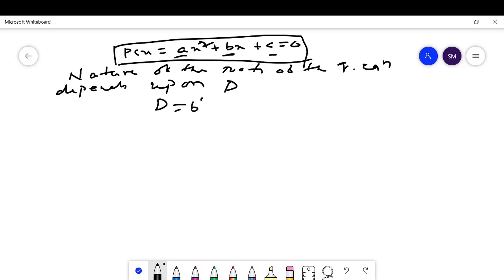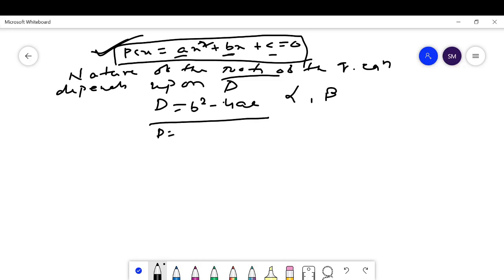D is equal to b square minus 4ac. And please recall, in a quadratic equation we get two roots. Let one be alpha, another be beta. Then the nature of the roots depends upon the value of D, D = b square minus 4ac.